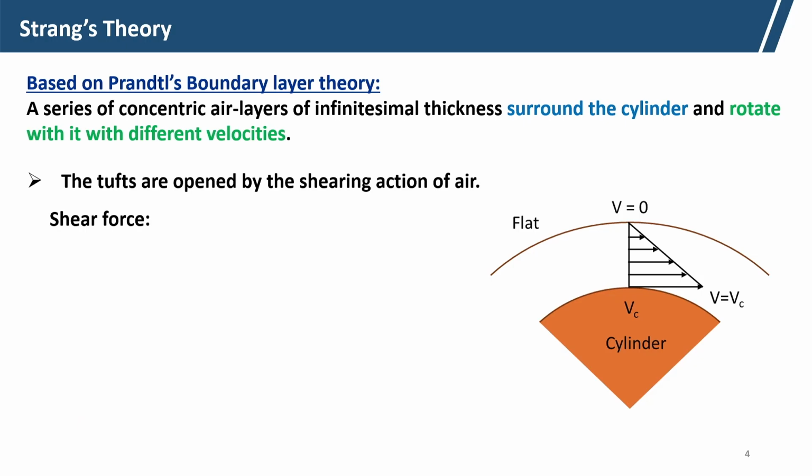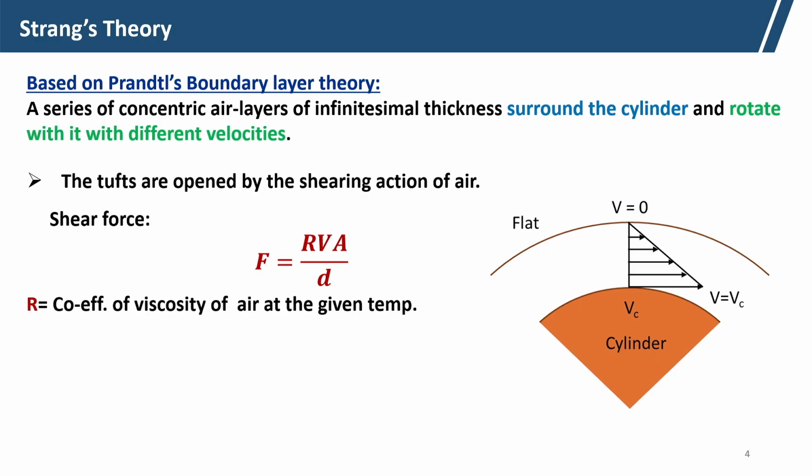So, we must know how much shearing force is there. According to the theory, the shearing force F is equal to R V A by D. What is R? R is the coefficient of viscosity of the air layer at a particular temperature. Viscosity of air also changes like a liquid with the temperature.